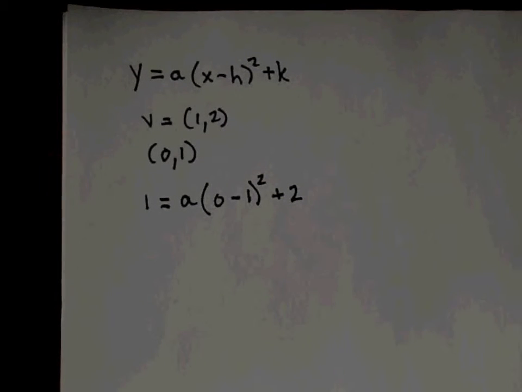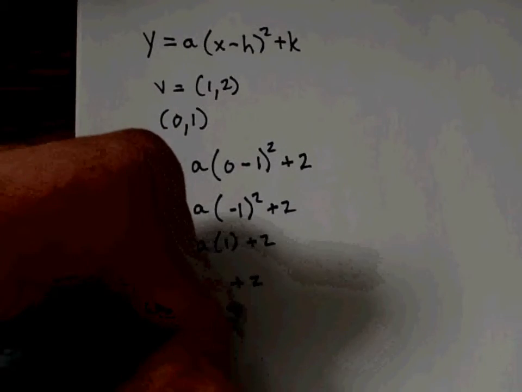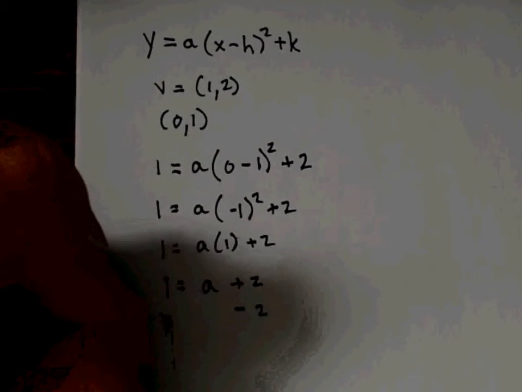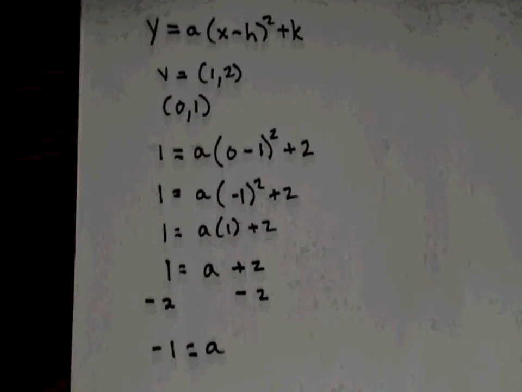So now all I've got to do is solve for A. So this is 1 equals A(-1) squared plus 2. (-1) squared is +1. Multiply the A by the 1. It's going to equal A plus 2. Now I can solve for A, so I'm going to subtract 2 from both sides. That's going to give me -1 equals my A. So that's how I find A.